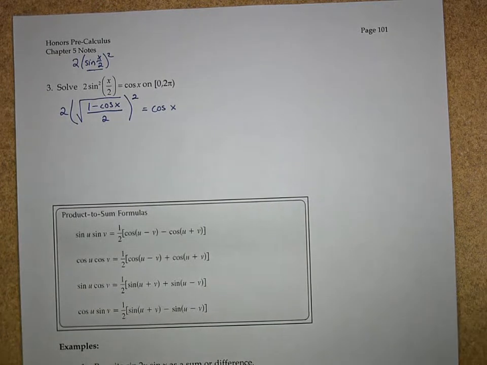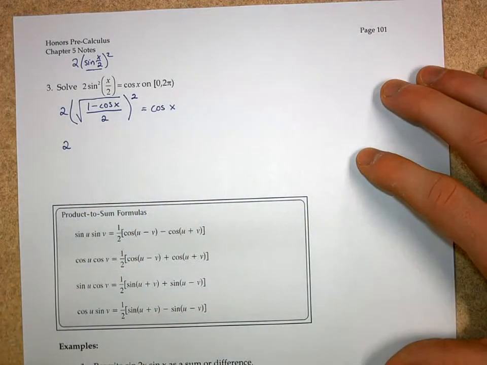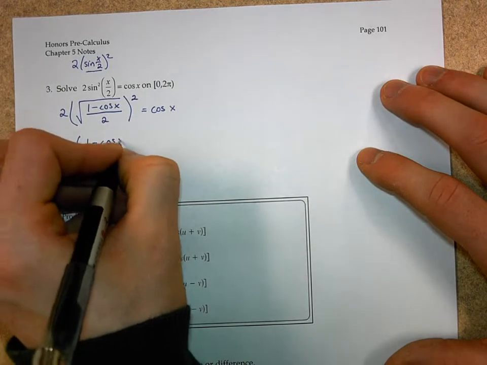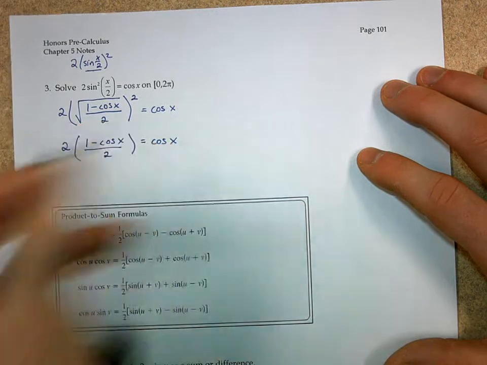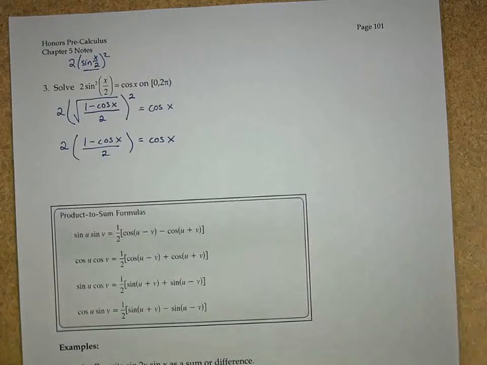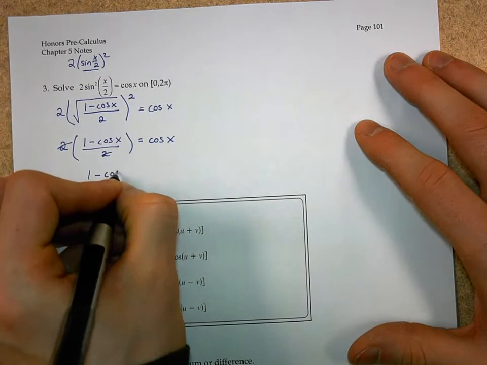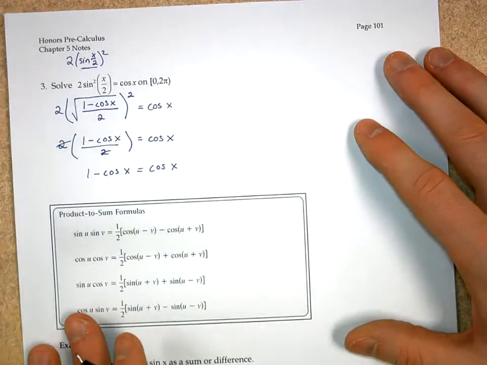Now this is really nice having a quantity squared because the square root and the square cancel each other out. So then I'm left with 2 times 1 minus the cosine of x over 2 is equal to the cosine of x. My 2's cancel out. 1 minus the cosine of x is equal to the cosine of x.